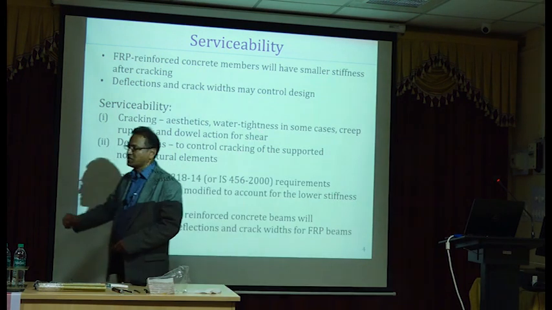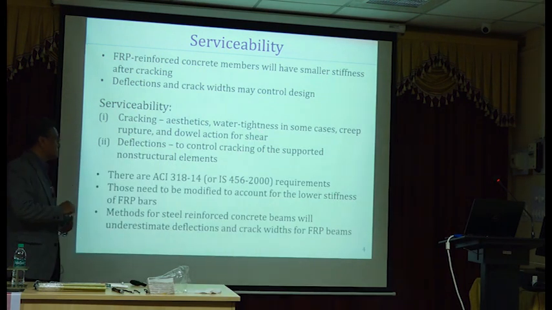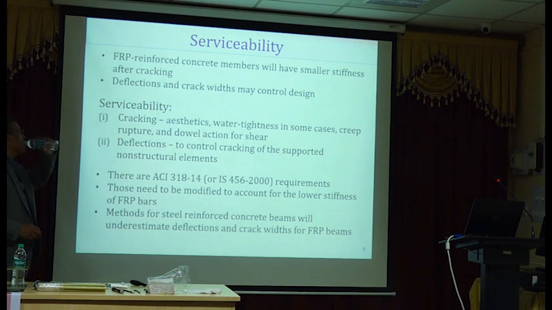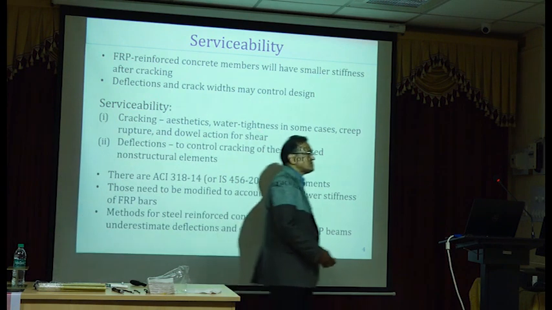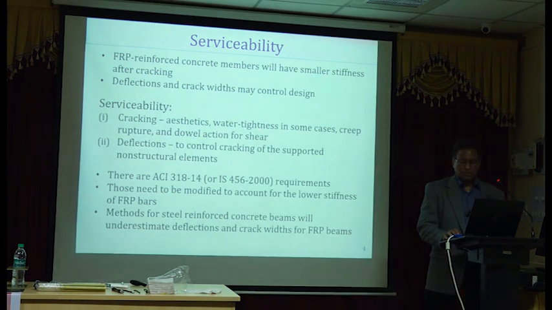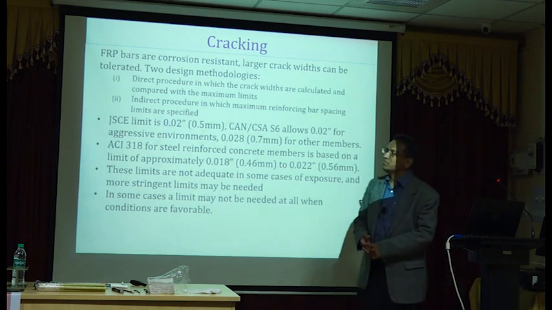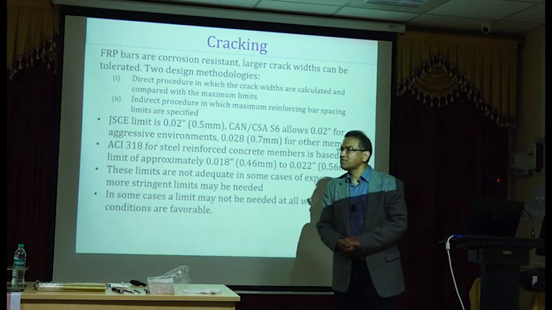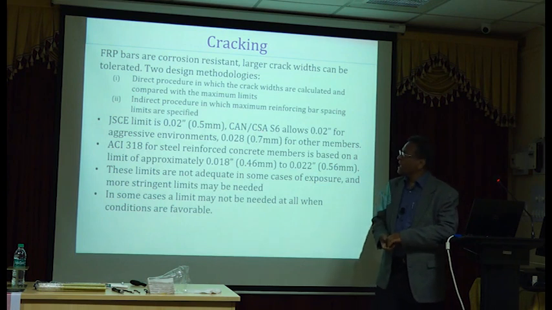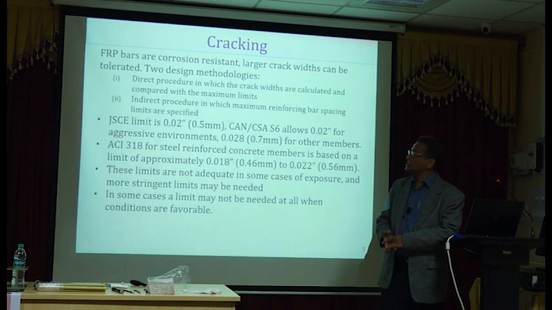So we have to make some adjustments. All right, that's what we are going to do in the next few minutes. So if you use steel deflection calculations for FRP deflection calculations, you will always underestimate the deflections.